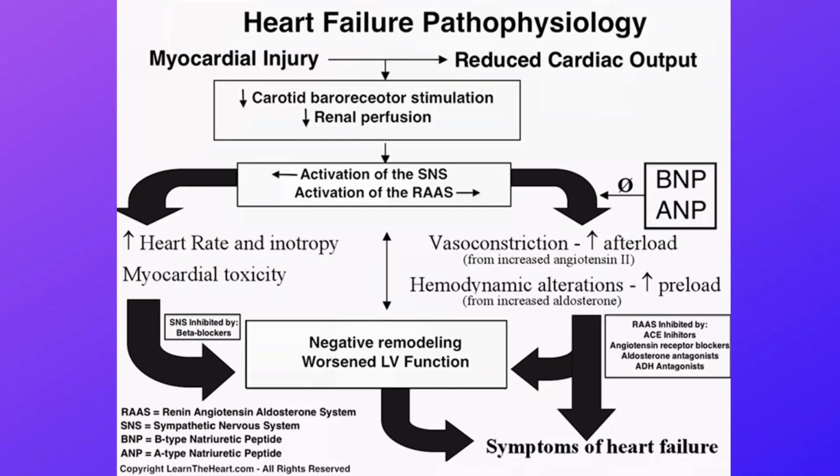The two primary mechanisms considered in the neurohormonal response are activation of the sympathetic nervous system and activation of the renin-angiotensin-aldosterone system. Medical therapy is aimed at reducing the activity of these two systems. A third compensatory response occurs via B-type natriuretic peptide and A-type natriuretic peptide.